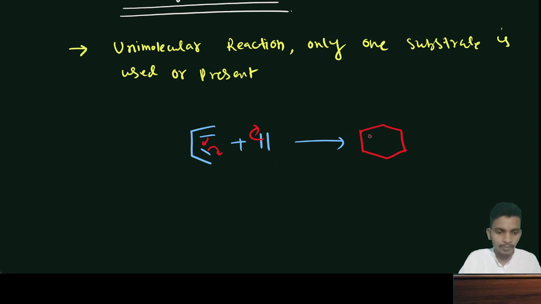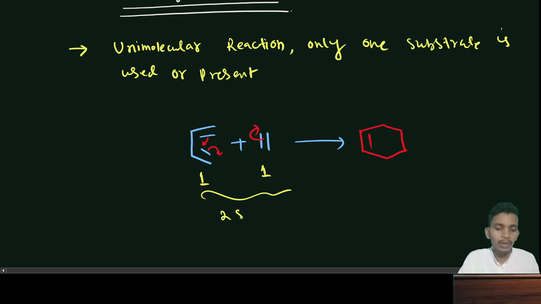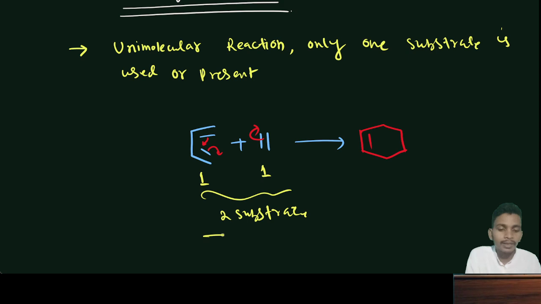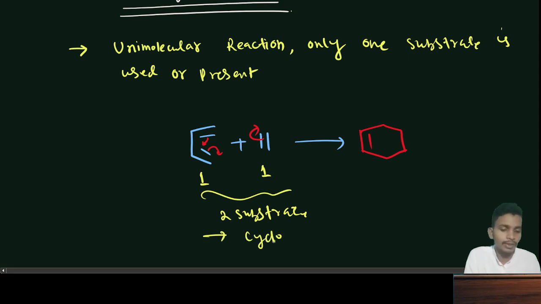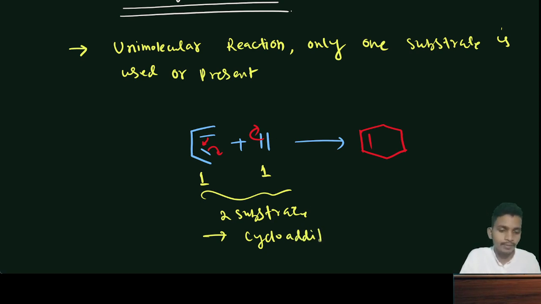So here two substrates are used: this is one substrate and this is one substrate. So this is not an example of an electrocyclic reaction. This is an example of a cycloaddition reaction, which we will discuss after completing electrocyclic reactions.